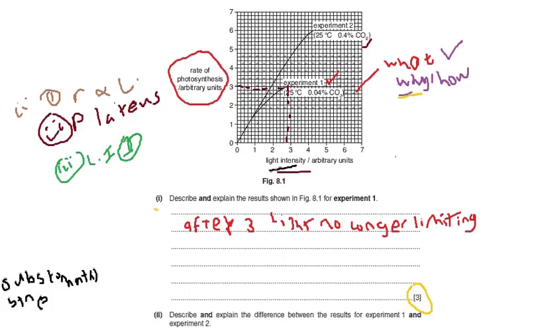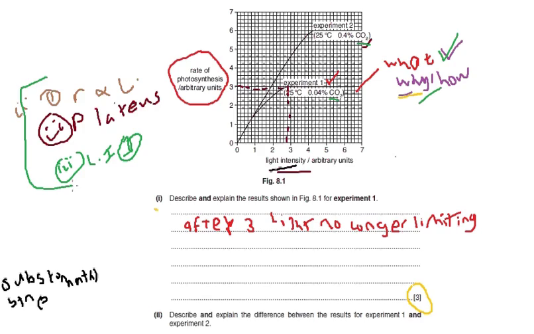The change in rate of photosynthesis is the same for experiment 1 and experiment 2. So up to this point, why? Now we said what, now we should say why. Probably because carbon dioxide is not yet limiting. At this point carbon dioxide is not yet limiting. That's why the rate is the same. So those are 3 things we got.